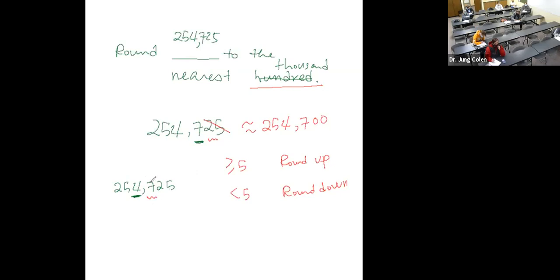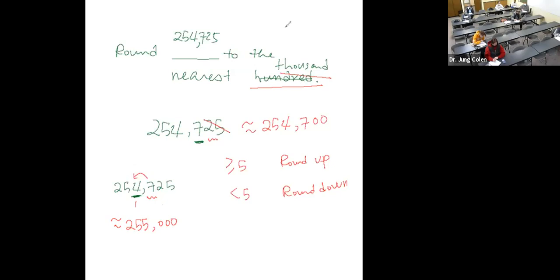Greater than or equal to 5, so we need to round that up, which means we are adding another 1,000 there. So it will become 255,000. We just read it as 255,000 because we rounded the number to the nearest 1,000.